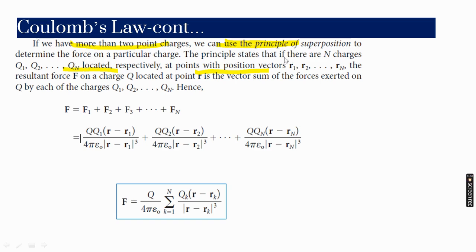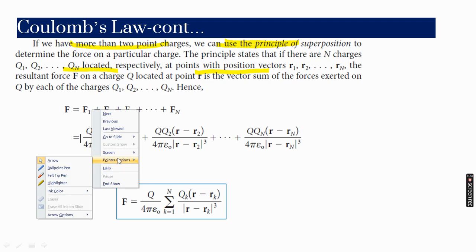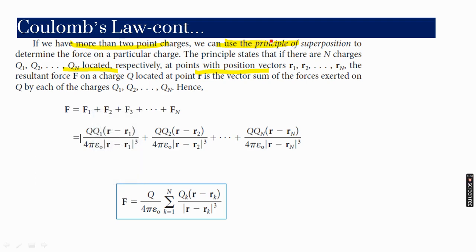This principle states that if there are n charges Q1, Q2, up to Qn located at position vectors R1 vector, R2 vector and Rn vector, the resultant force F on a particular charge Q, located at a point R, is the vector sum of the forces exerted on the charge Q by each of the other charges.